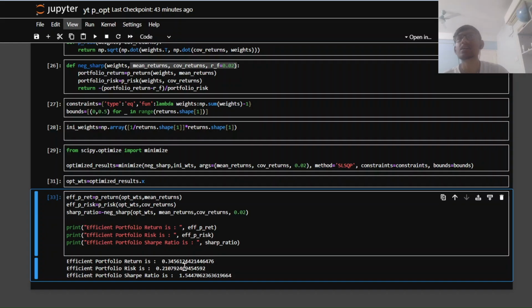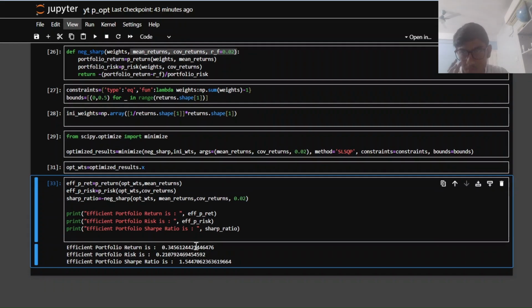So that would mean that we have some kind of expectation of how our portfolio would work, and we can say that our return would be between 0.34 minus 0.21 to 0.34 plus 0.21, which would be from 0.13 to 0.55, right? That is what we can expect our return to be. And our Sharpe ratio is also quite good, which is 1.54. So yeah, I mean, this seems to be a pretty good portfolio.